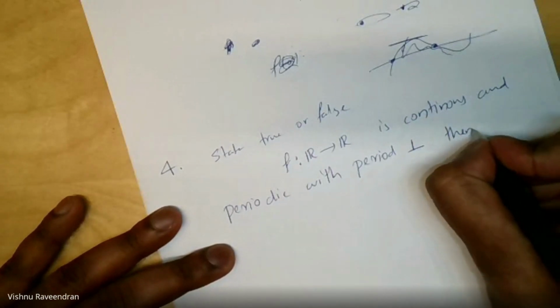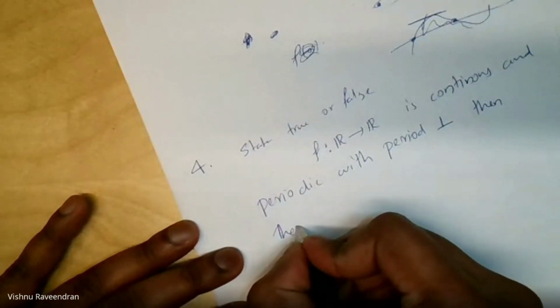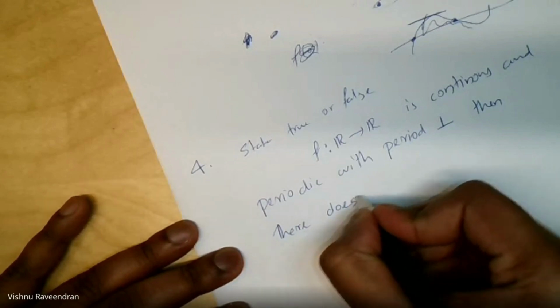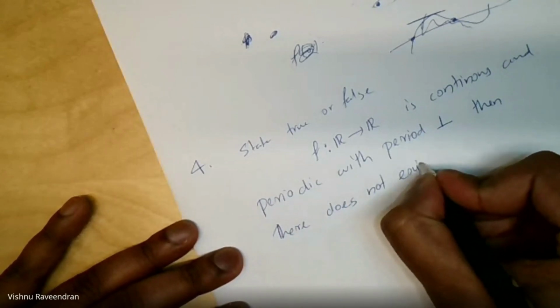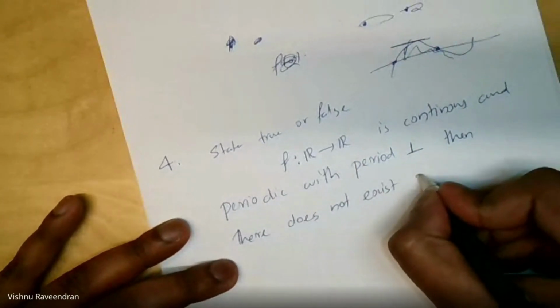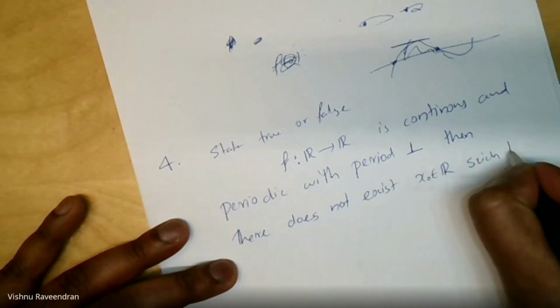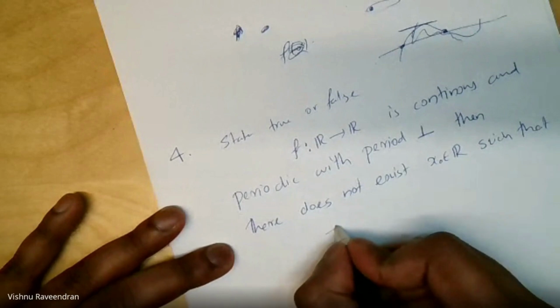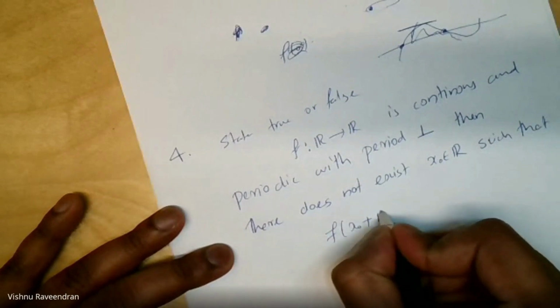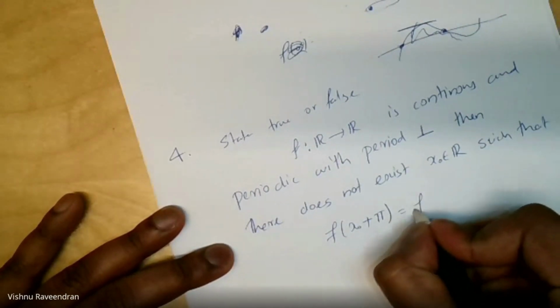Then there does not exist x naught in R such that f of x naught plus pi is equal to f of x naught.